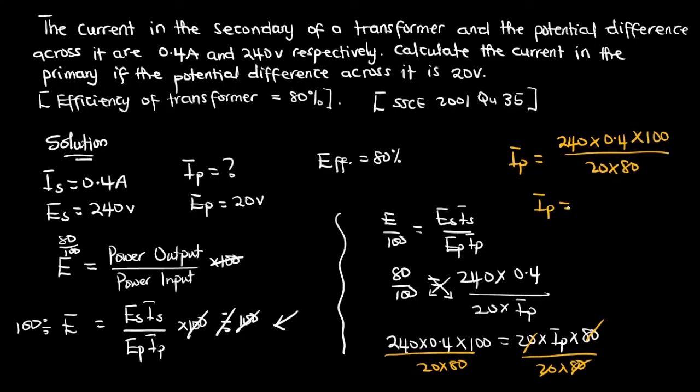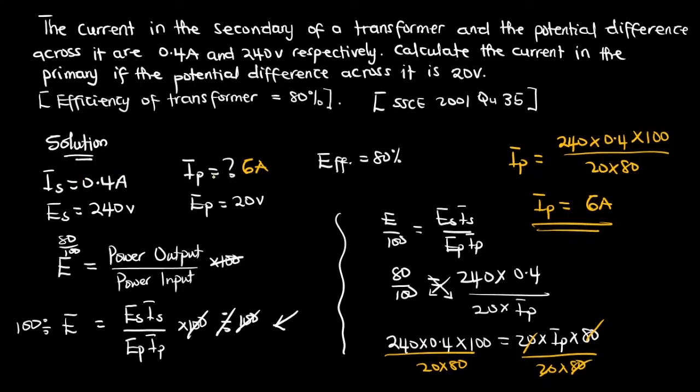Right, so my primary current, if I do my cancellation and everything, I'm going to get 6 amperes as my answer for the current. So the current over here is 6 amperes. If you look at it, you realize that even though the primary voltage is low and the primary current is high, the resulting current produced in the secondary coil is lower, but the voltage is higher.